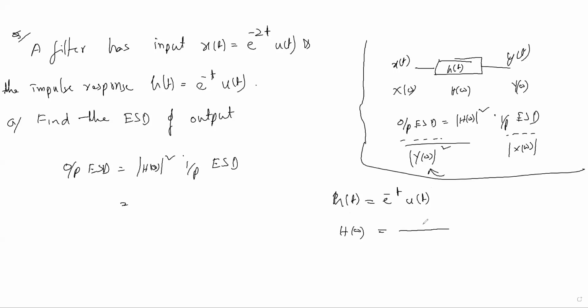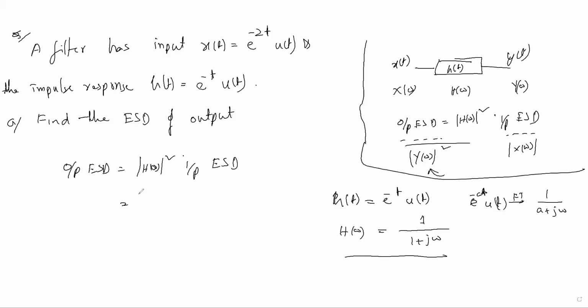This is nothing but, by the formula, we know that e to the power minus a t u(t) Fourier transform is nothing but 1 by a plus j omega, isn't it? So in this case, a is 1. That's why the equation will be 1 by 1 plus j omega, isn't it?